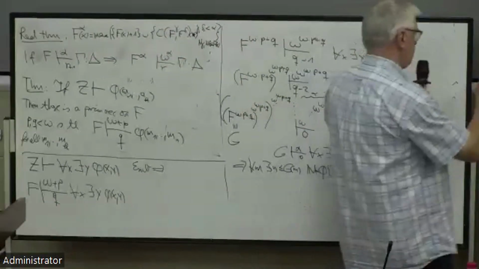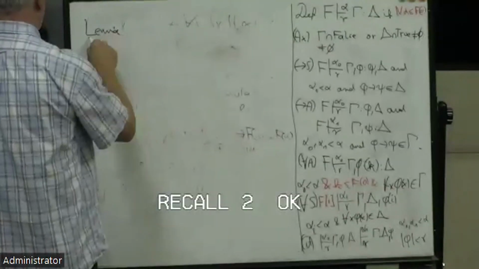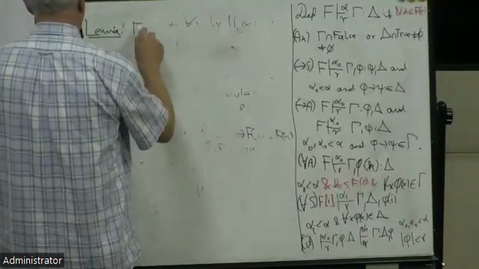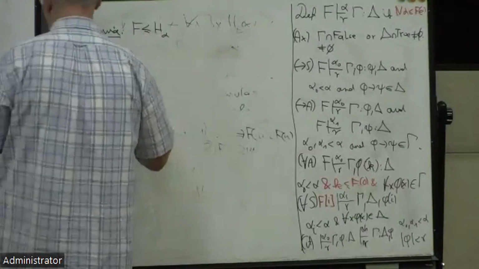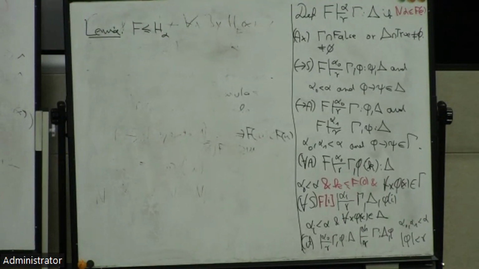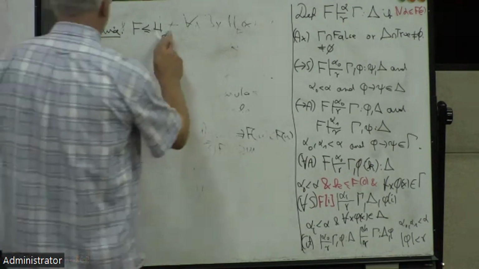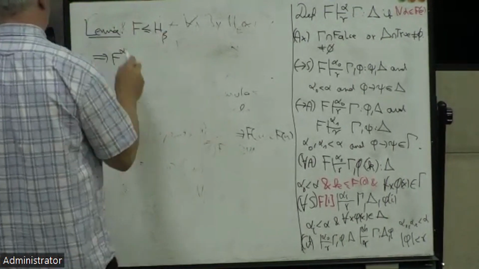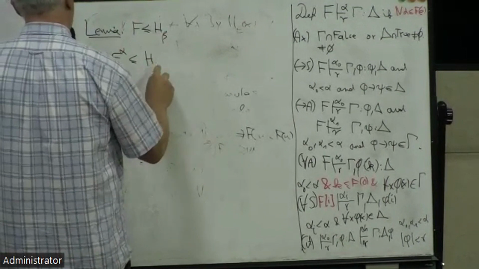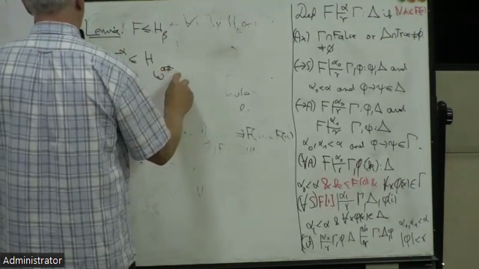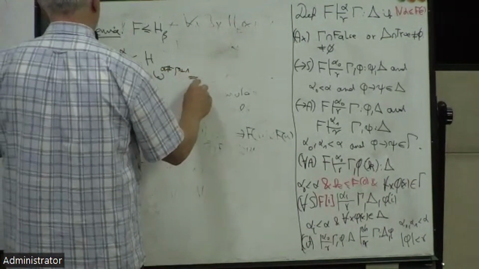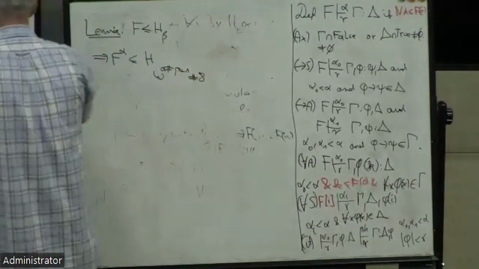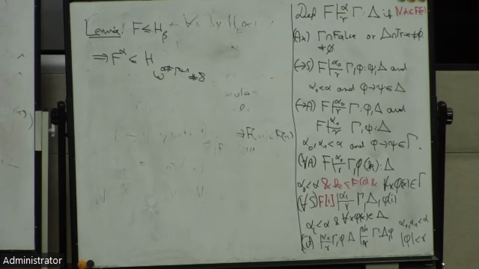Now the lemma is the following: if f is controlled by h alpha, which means pointwise majorization, or let's call it beta, then f iterated alpha times is bounded by h of omega to the alpha plus beta plus 1 plus 8. So this lemma allows step-by-step bounding of these nested compositions by Hardy functions.